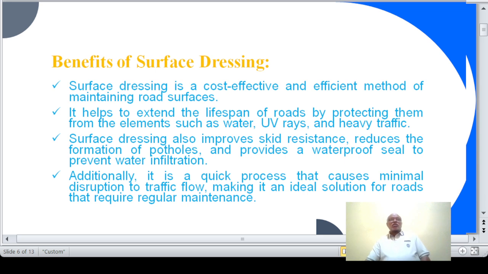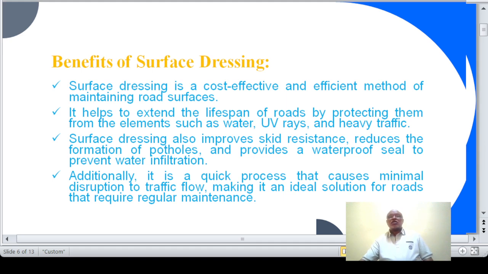In general, surface dressing is a proven method for maintaining and preserving road surfaces, and when performed correctly, can significantly extend the life of the road while providing a safer and durable driving surface for motorists.